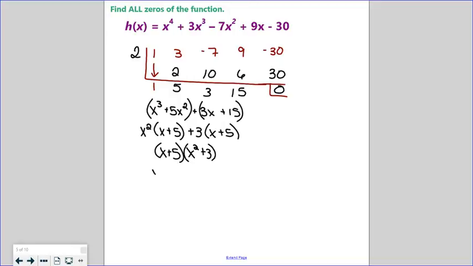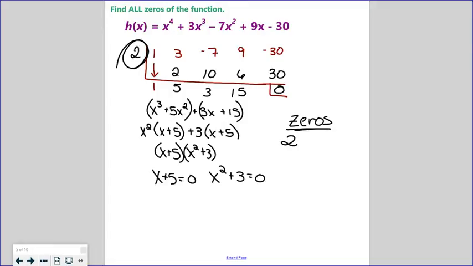Finding our zeros, again, anything that has an x gets set equal to 0. And solve. The thing that is so commonly forgotten on this is the original. Don't forget that guy. So I always say when you get it, immediately write on the answer line, 2 worked, okay? -5 is another one. And today it's asking us for all of our zeros. We've seen this over and over again.